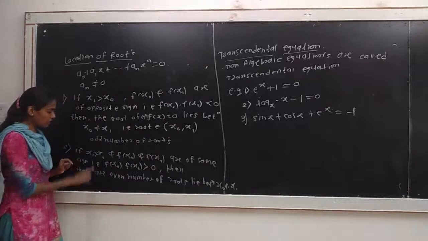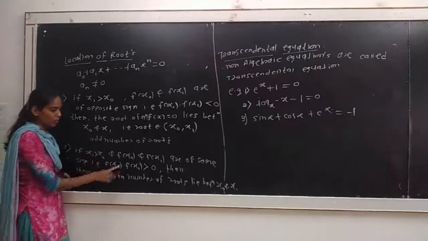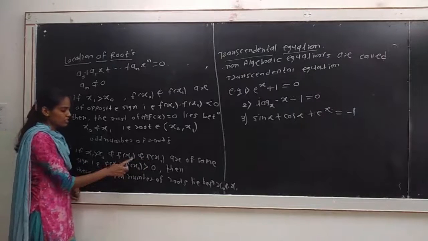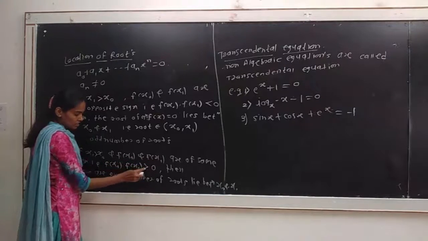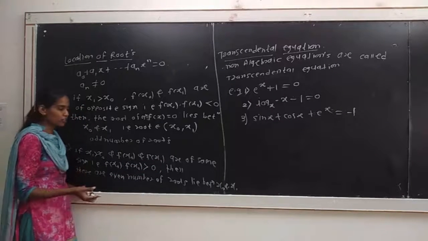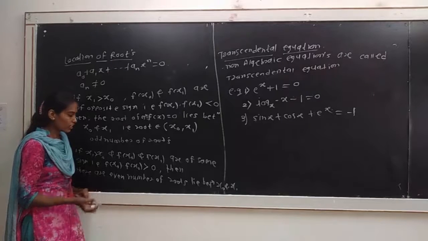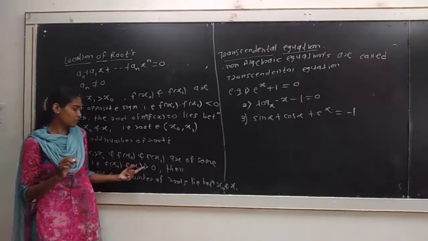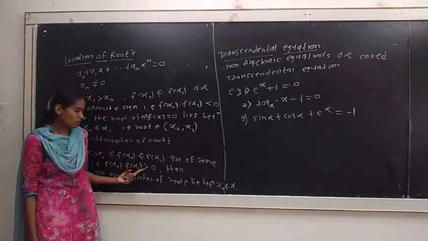That is again, x1 is greater than x0 and the values of the function at points x0 and x1 are of same sign, that is, either both are positive or both are negative, and then if we take the product of those values, we always get a product greater than 0, that is positive.